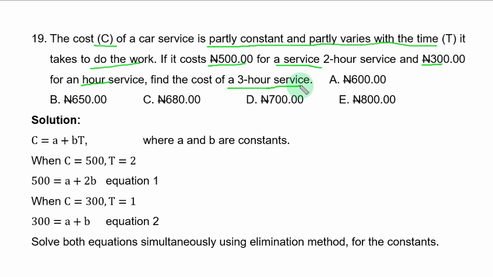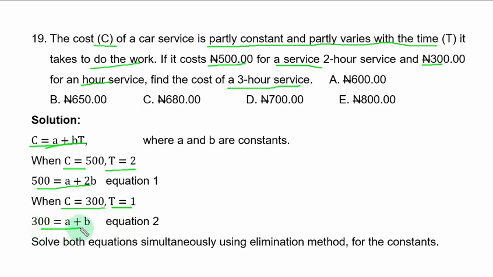This is partial variation. This expression represents the statement from the first line. When C is 500, T is 2, you have equation 1. When C is 300 and T is equal to 1, you have equation 2.